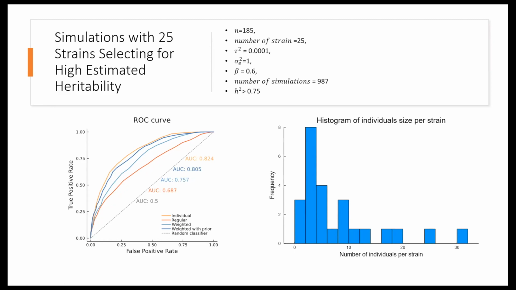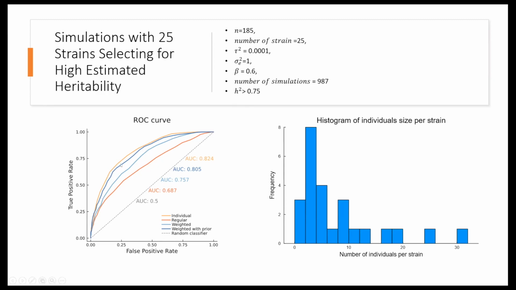From all those 20,000 simulations, I wanted to select the simulations that have higher heritability. Why? Because when the heritability is closer to 1, it means that the genetic variance is stronger than the unexplained variance. And this is where we can make better use of the standard deviation in our prior for the estimation of the variance.